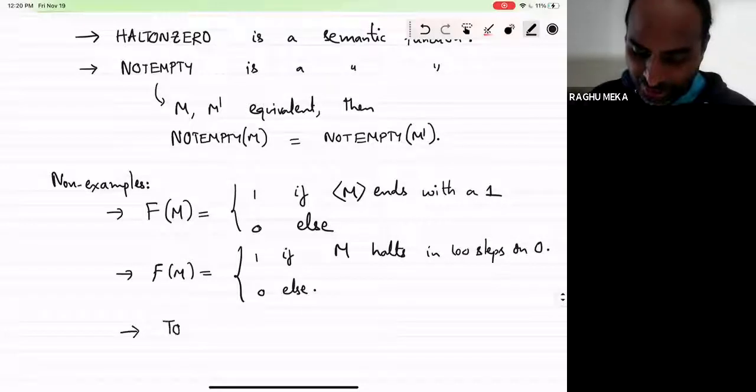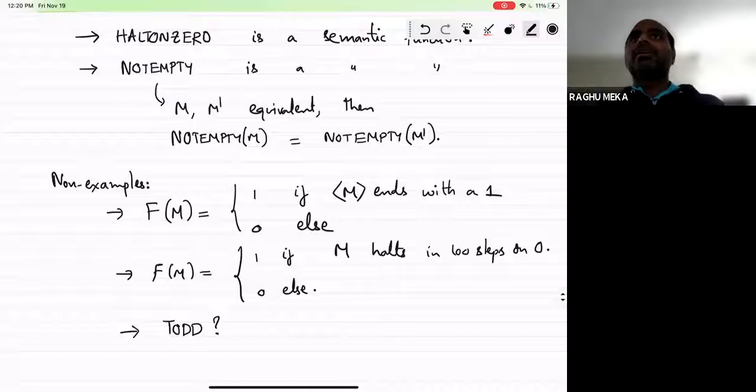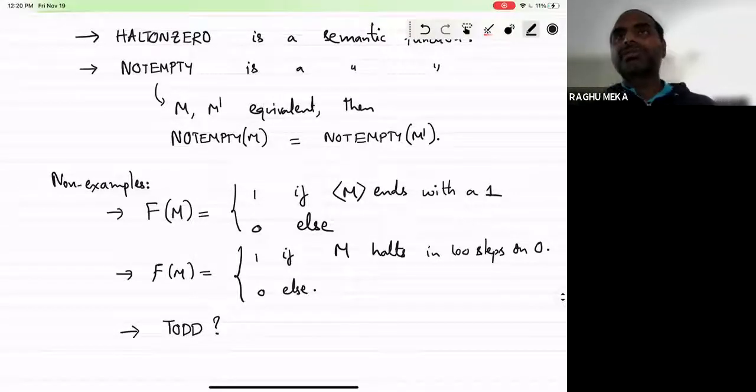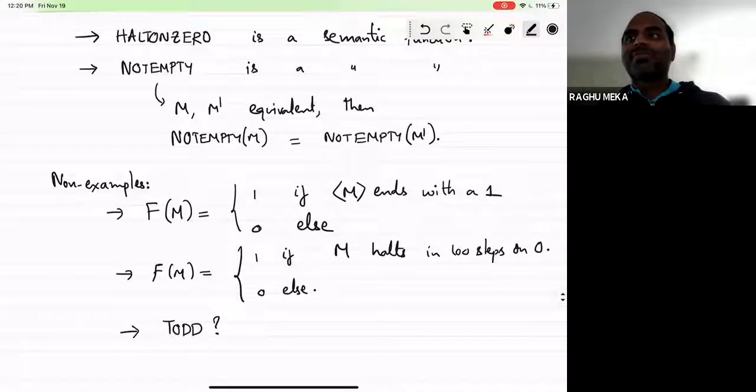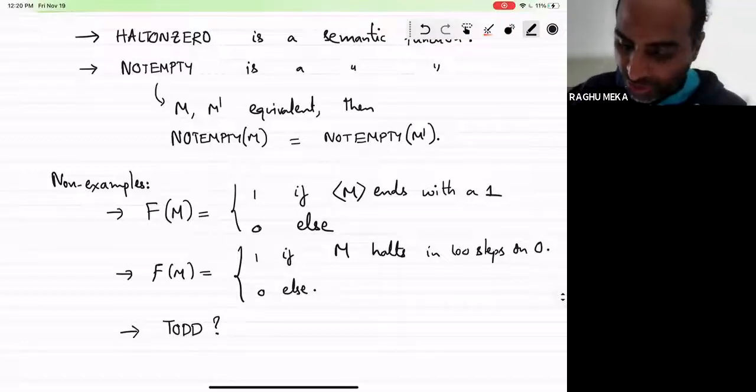And let's look at another important example. How about the toddler function? Is the toddler function semantic or not? That's a little bit confusing, right? So let's think of what toddler does.